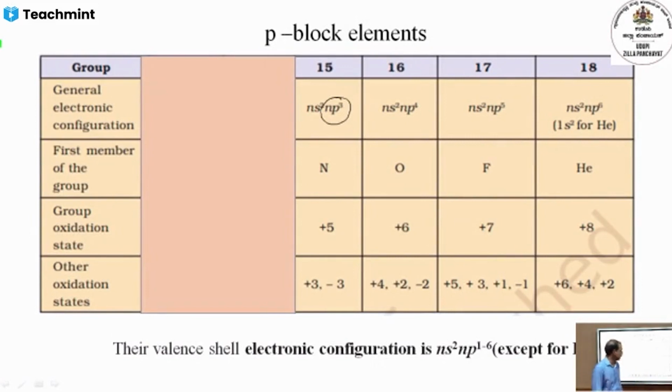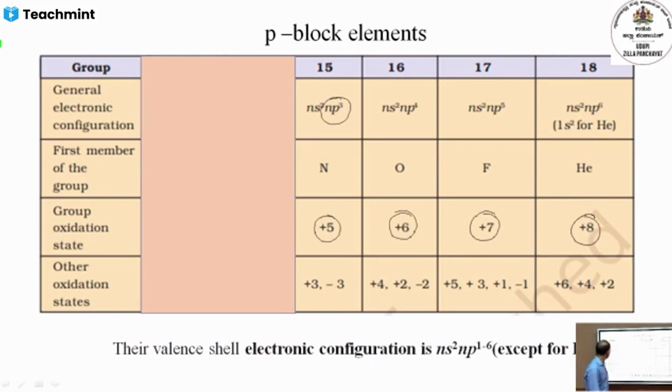If you look into the group oxidation state in general, the 15th group will show the oxidation number as +5, the 16th group +6, and 8 for the 18th group. This is general, but there are variations.